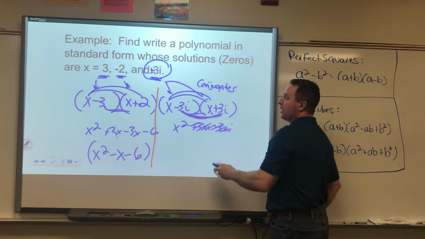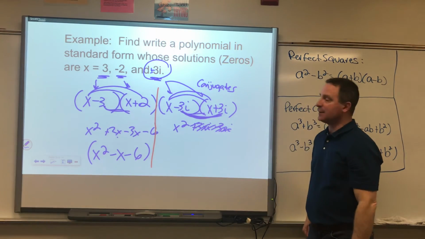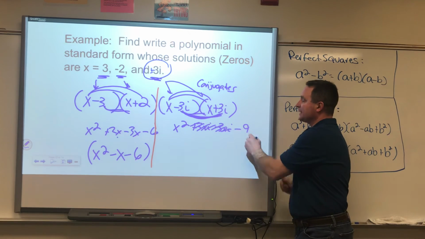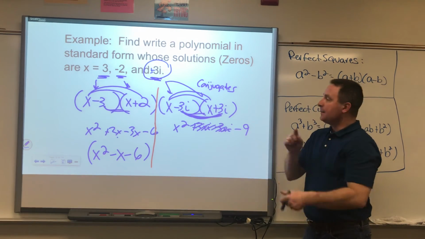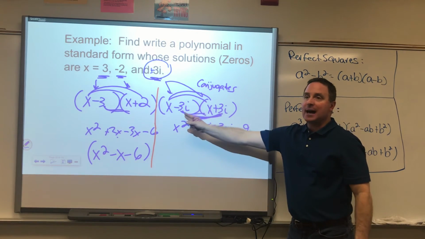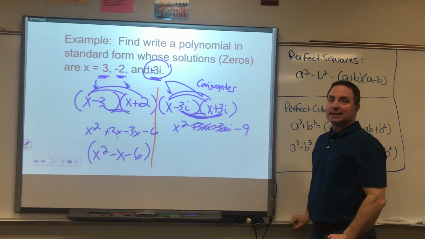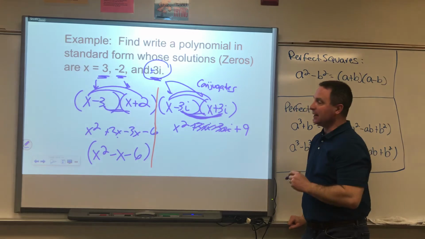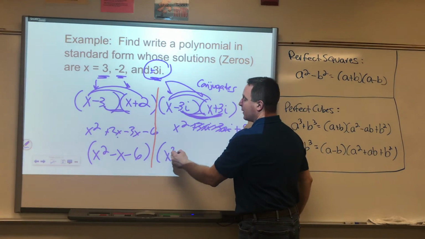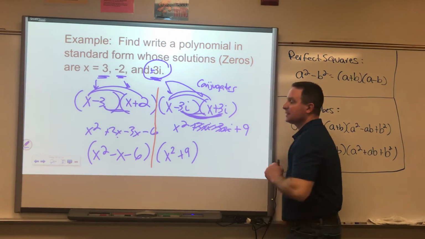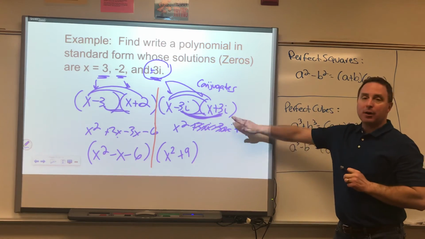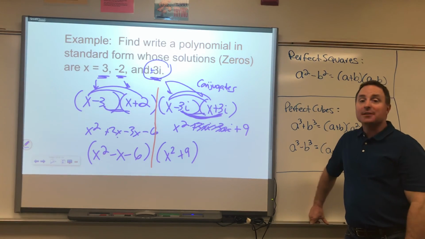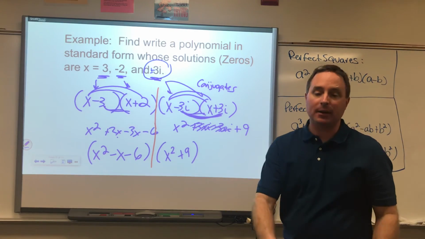And this is the tricky part. Negative 3i times positive 3i. Well, a negative 3 times a positive 3 looks like it's negative 9. But if you remember, anytime we multiply an i times an i, it's negative 1. So it changes the sign and makes it become positive 9. So down here I get x squared plus 9 for my product of those 2. And notice the i's disappeared. The i's should disappear when we multiply these.